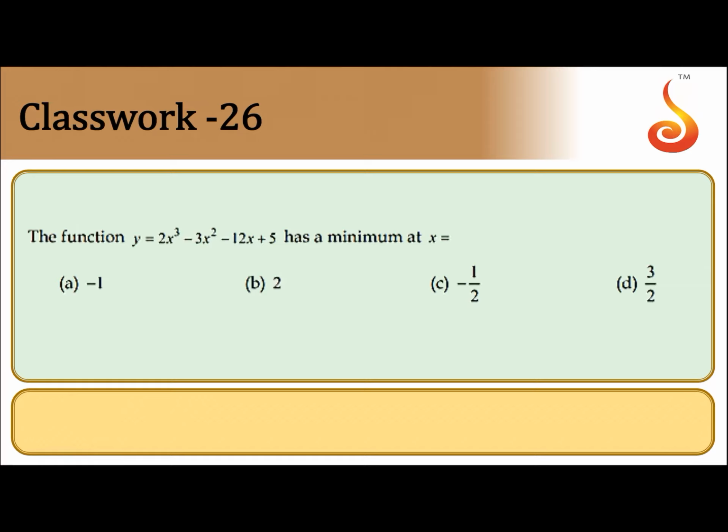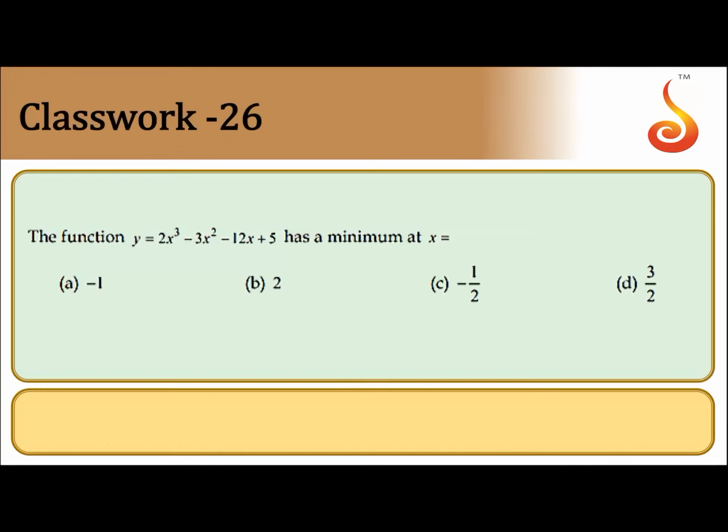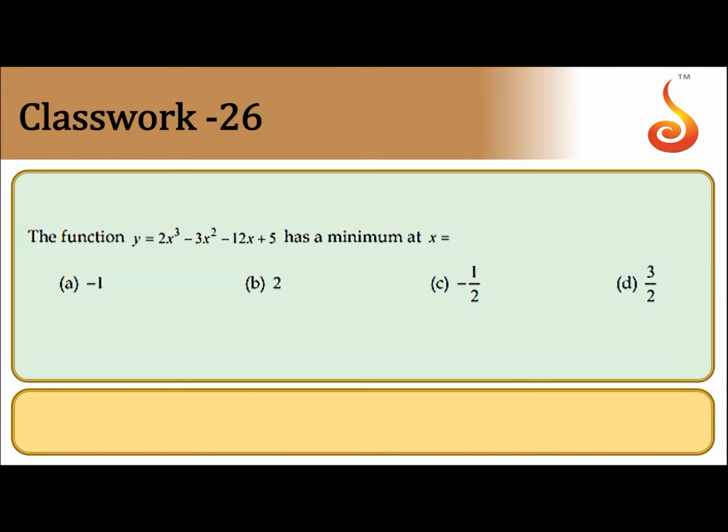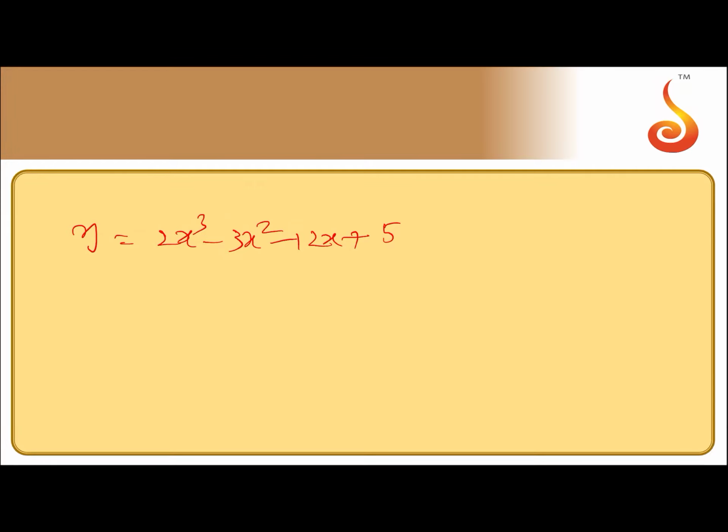Coming to the next one: the function has a minimum value at x equals what? The function y equals 2x cube minus 3x square minus 12x plus 5. For a maximum or minimum value, the derivative must be equal to 0.